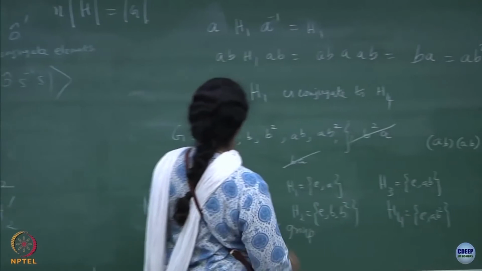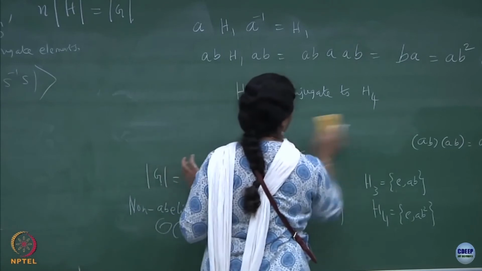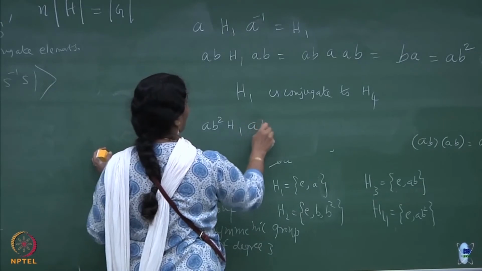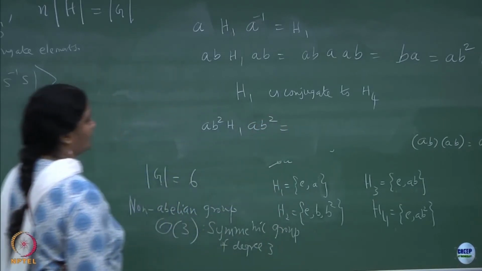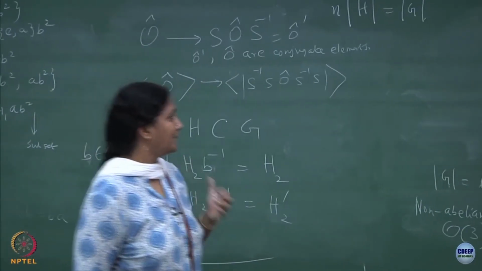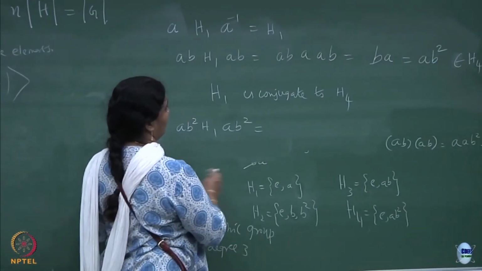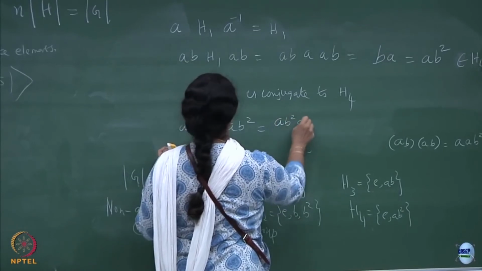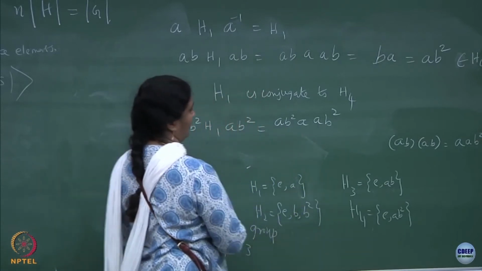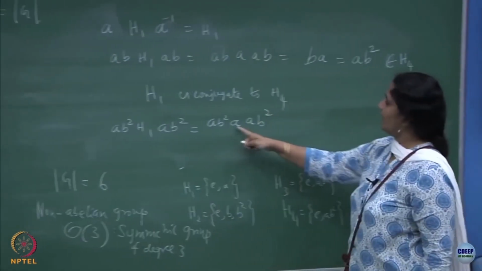Instead of A B, if you had multiplied A B squared, what will that be? Let us take this to be A, right? A is the non-trivial element. B squared is A B, right?